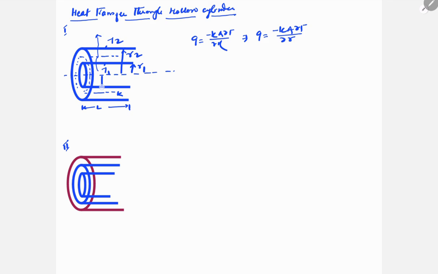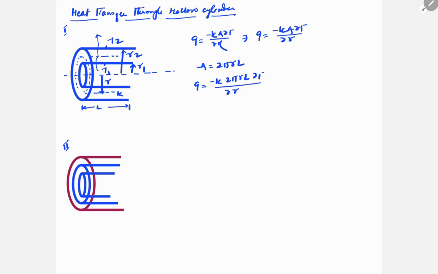This is a very thin layer having radius r, the thickness of this thin layer is delta r, and the temperature difference across this layer is delta T. If the radius is r, the cross section area is A is equal to 2 pi r L. So let's rewrite this equation: Q is equal to minus K 2 pi r L dT by dr.